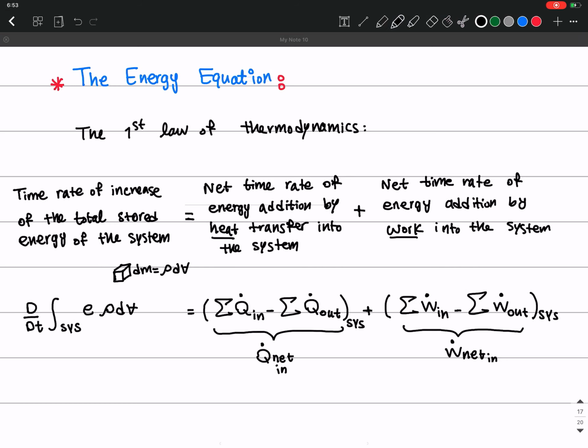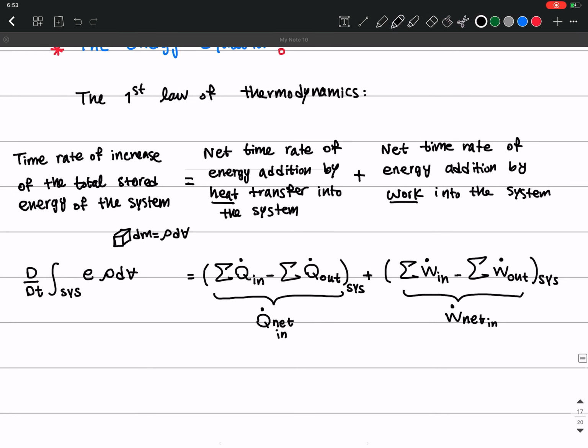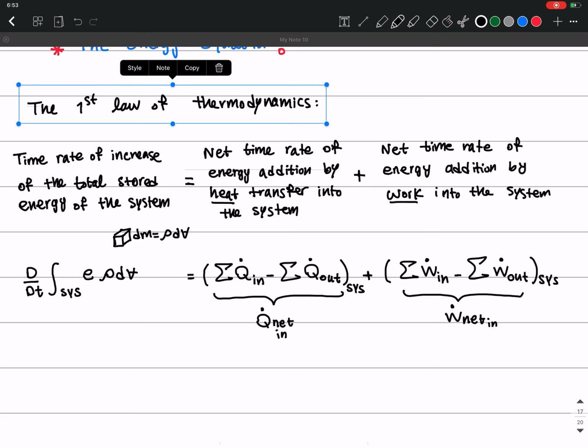So this is how the energy in the system varies with time, and this is the first law of thermodynamics.